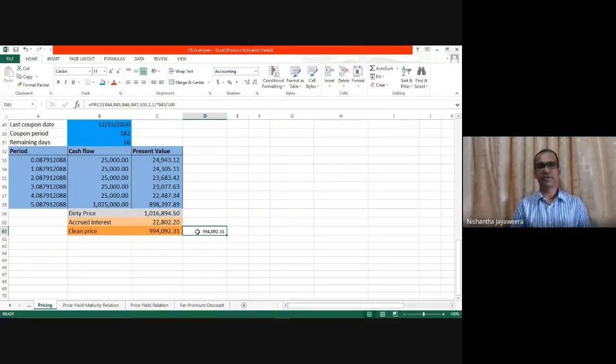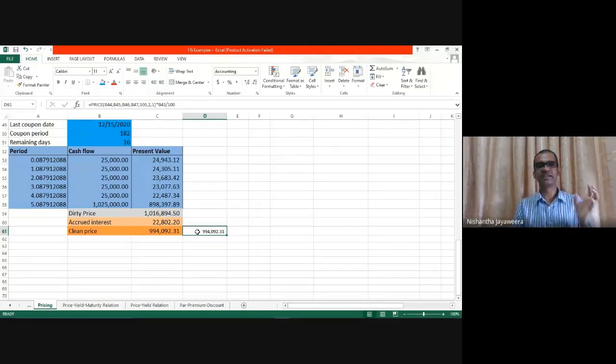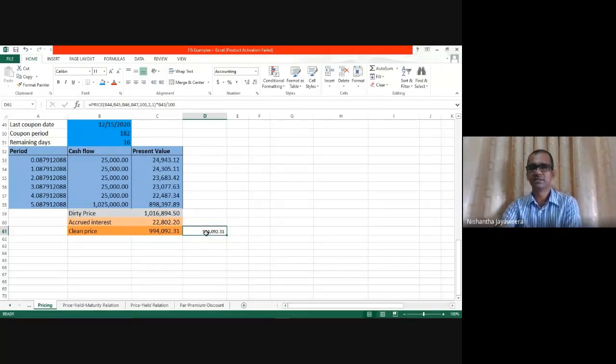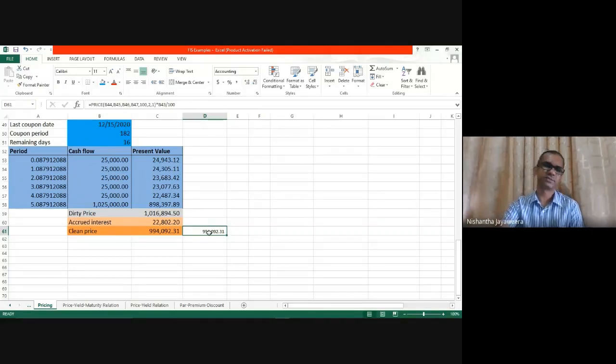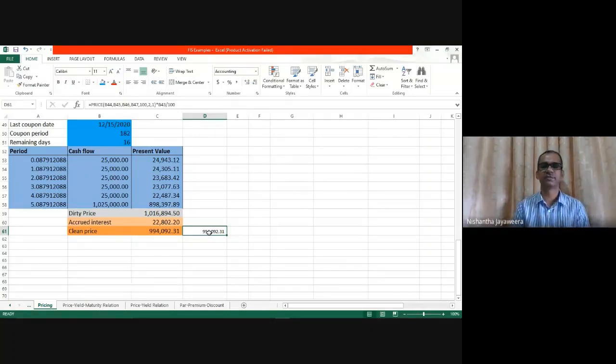But if you follow our basic formula, fundamentals, we get the dirty price. Then we have to calculate the accrued interest separately and derive the clean price. This is true even in most of the systems, trading platforms, Bloomberg or Reuters or whatever system, or maybe internally developed systems.